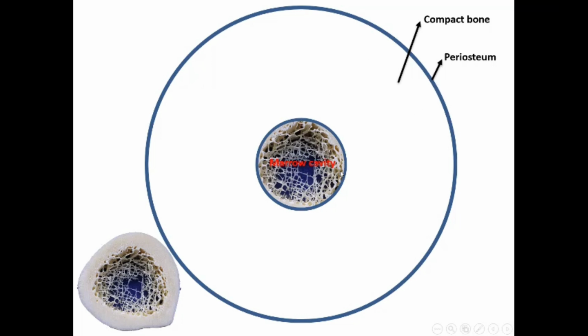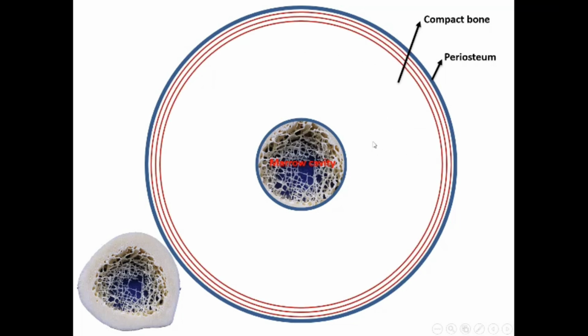In the lamellar bones also we have a multi-layer, multi-lamella, multi-parallel sheet. So let's see these layers in the compact bone from the long bone. We have 4 types of lamella in the compact bone.